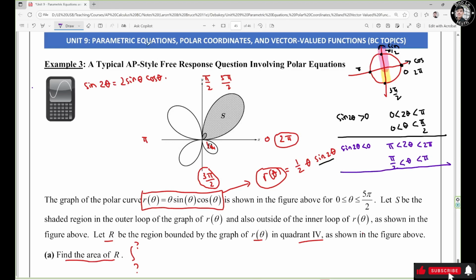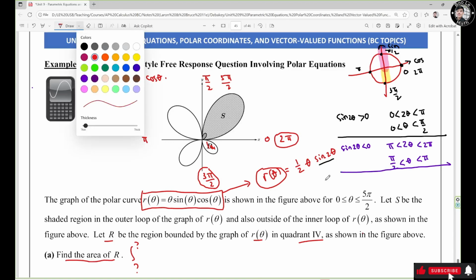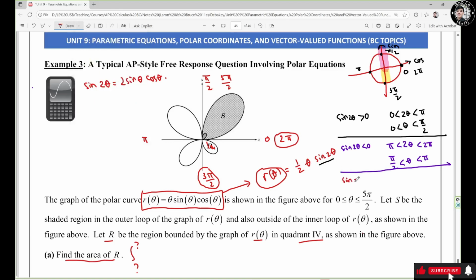Now the third one, sine 2 theta greater than 0. If 2 theta is greater than 2 pi and less than 3 pi, divide both sides by 2, so pi is less than theta less than 3 pi over 2, right?